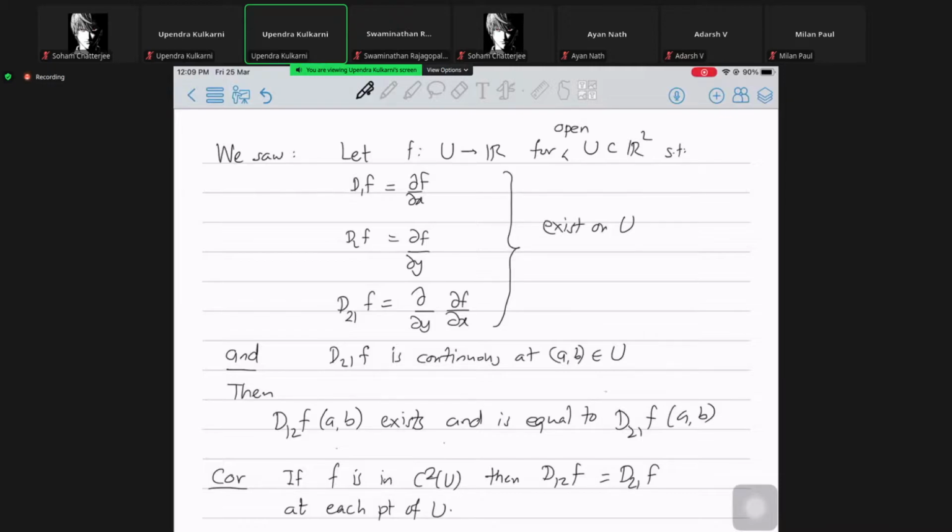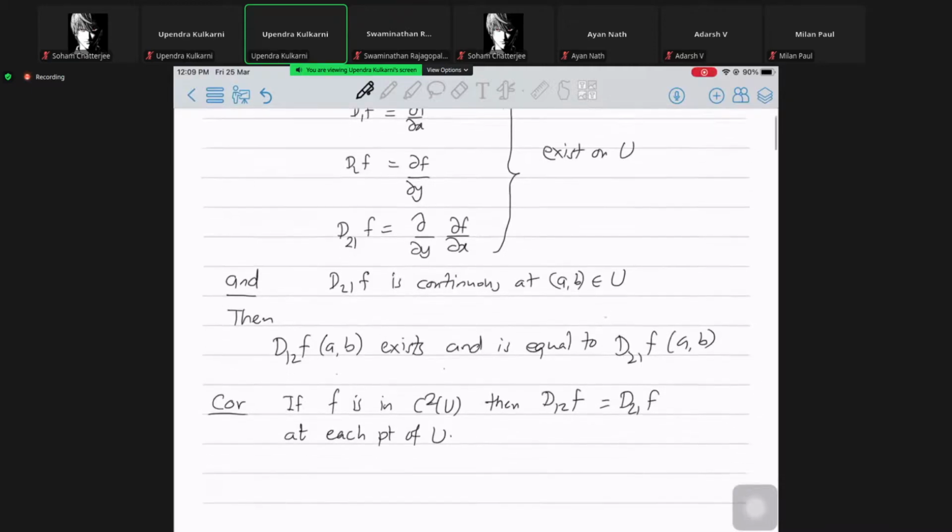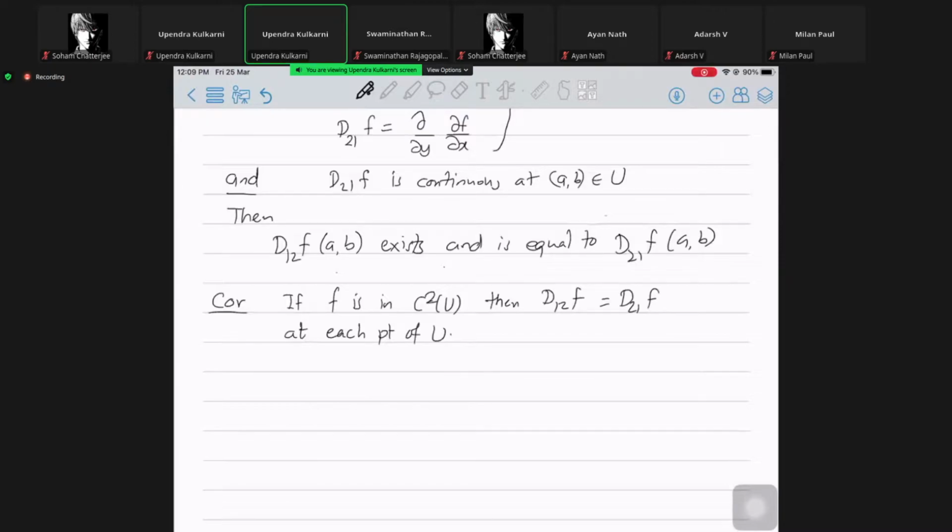And I want to take partial derivatives, not just 2, but any number of partial derivatives. So in general, I have a situation like this.